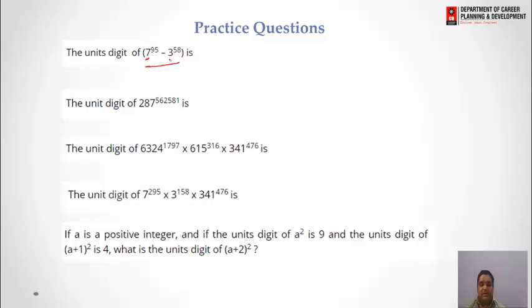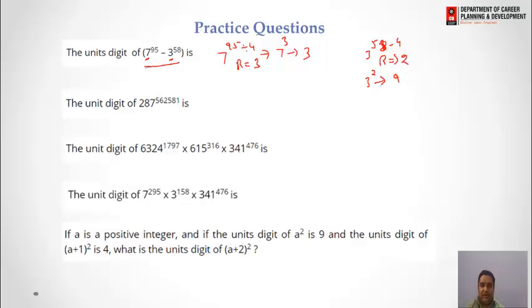Here 7 and 3 both have a cyclicity of 4. So we divide 95 by 4, the remainder is 3, and 7 power 3 has the unit digit 3. Next, 3 power 58, as it also has a cyclicity of 4, we divide 58 by 4, which gives remainder 2, and 3 power 2 gives the unit digit 9.